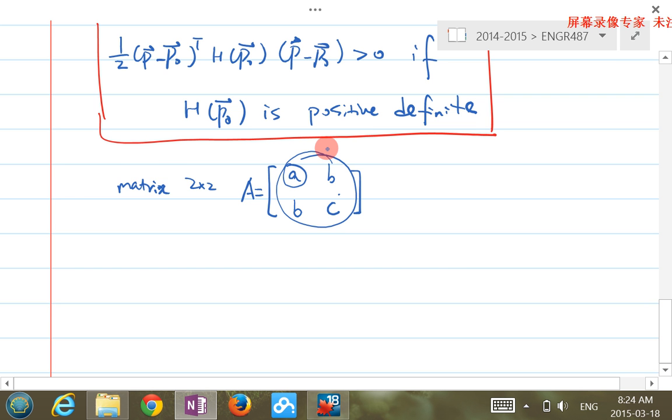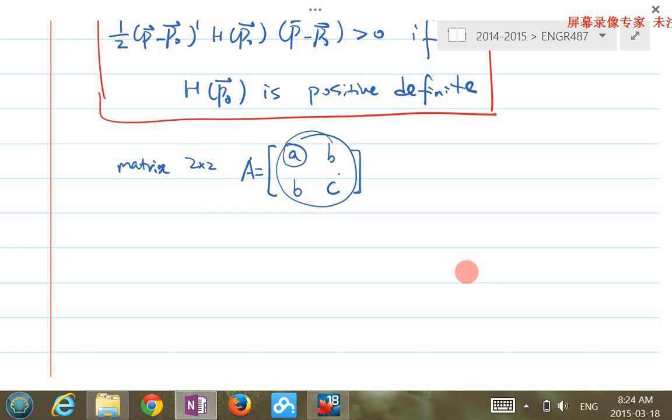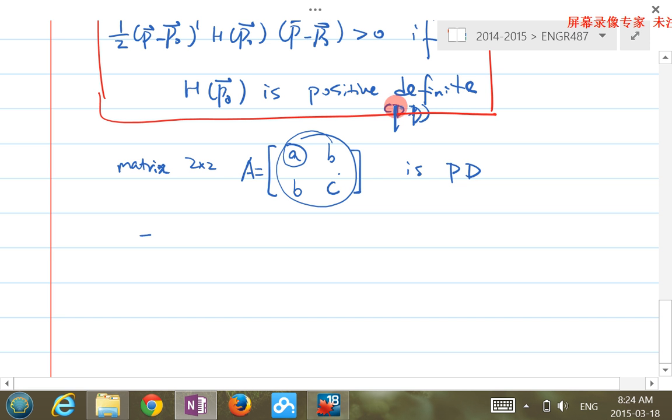And the other way of looking at it is that you can also look at the eigenvalues of the system here. So this guy is PD, positive definite, if eigenvalue lambda 1 is greater than 0 and lambda 2 is greater than 0.